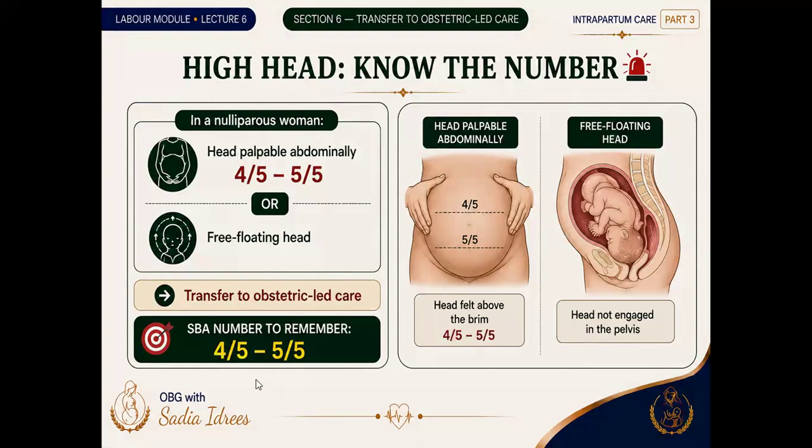Now, head height. This one deserves its own slide because it's exactly the sort of number an examiner can test. In a nulliparous woman, if the fetal head is palpable abdominally 4/5 or 5/5, that is, the head is felt above the brim, or the head is not engaged with the pelvis, or the head is free floating, consider transfer to obstetric-led care.